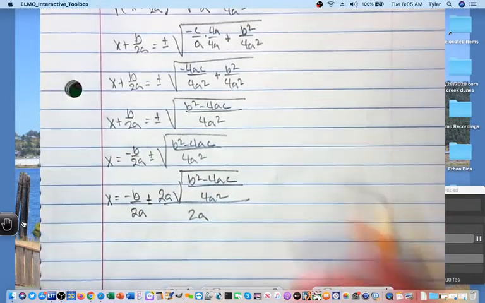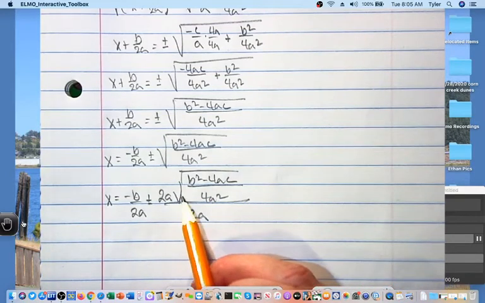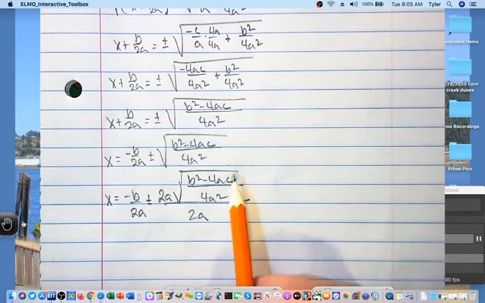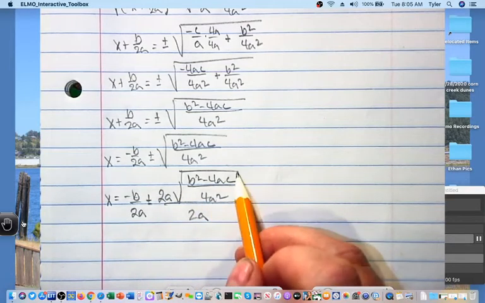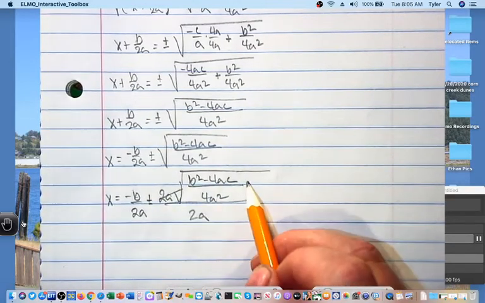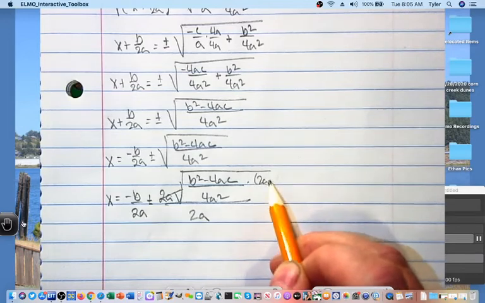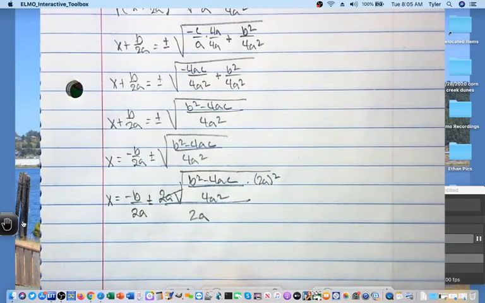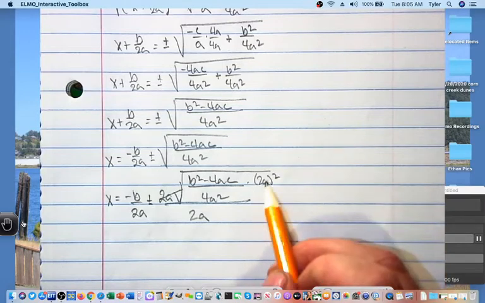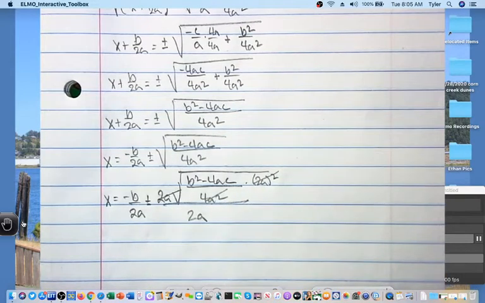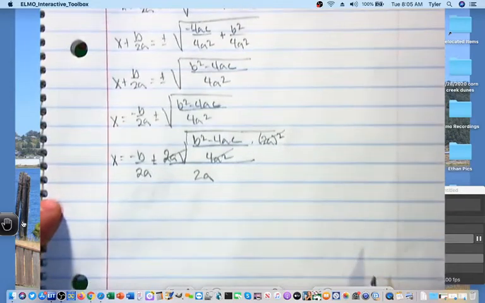And let's recognize here that if 2a is on the outside being multiplied by the radical, that means that we actually have a times 2a squared on the inside. Now 2a squared is 4a squared. And that means the denominators can cancel out, and we can simplify this a little bit further.